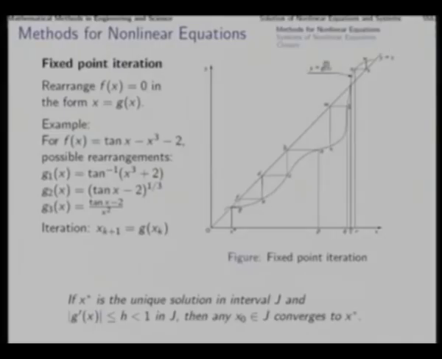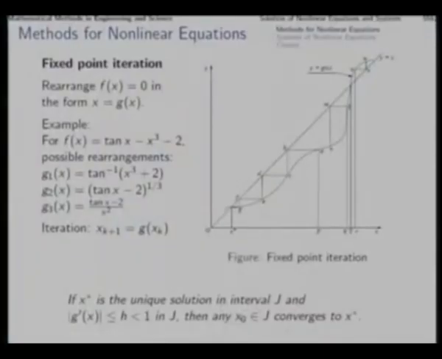Now, y equal to g x and y equal to x intersect at a point where x equal to g x is satisfied. Those are the points which we are looking for. As shown in the figure, there are two such points. One is x star and the other is x bar, at which this curve and this straight line intersect. Now, suppose we start from this value x equal to p.